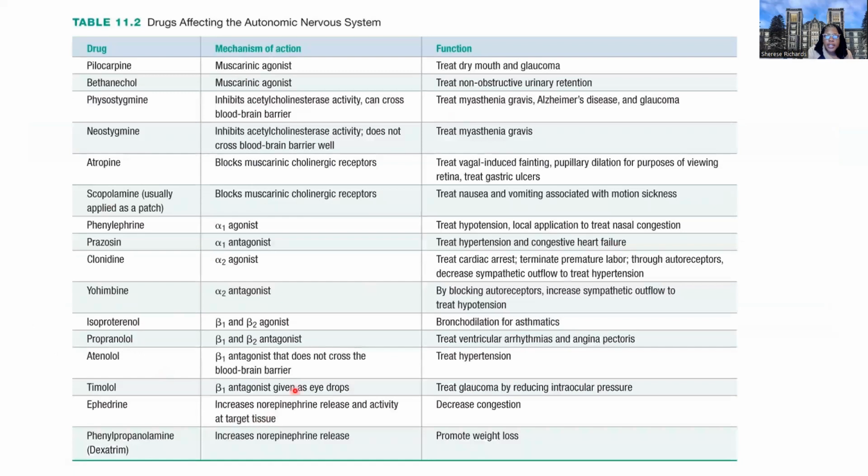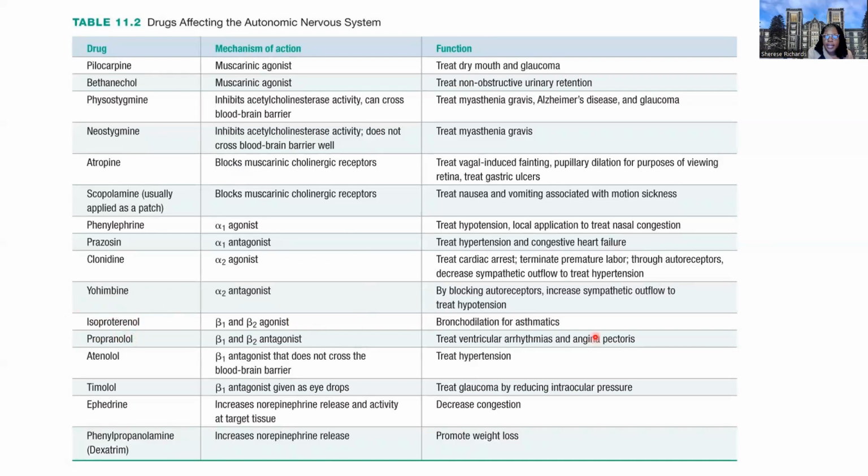This summary table is less important than the previous table in terms of study purposes. It just gives some examples of how we can use certain drugs and pharmacological agents to activate or block some of these adrenergic responses. Many of the common medications that we see actually target some of these receptors. An example would be isoproterenol.